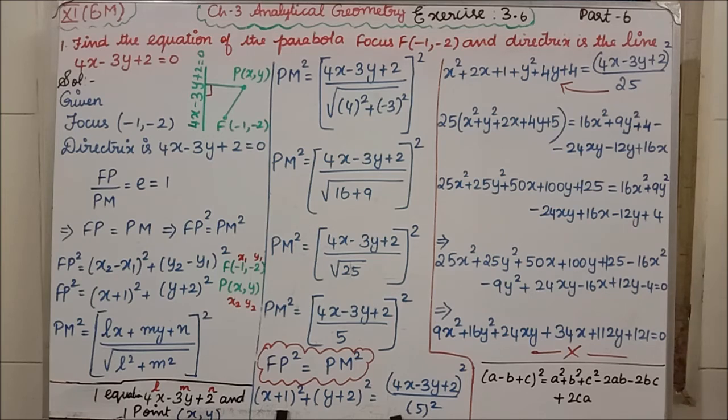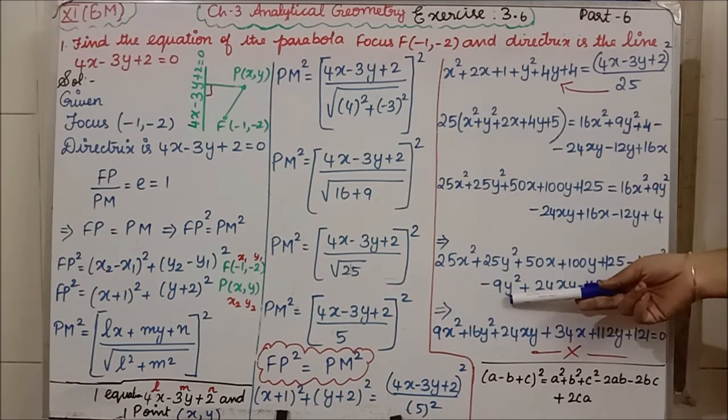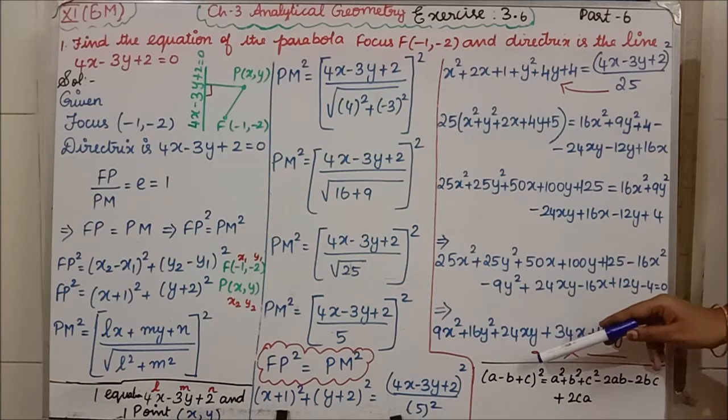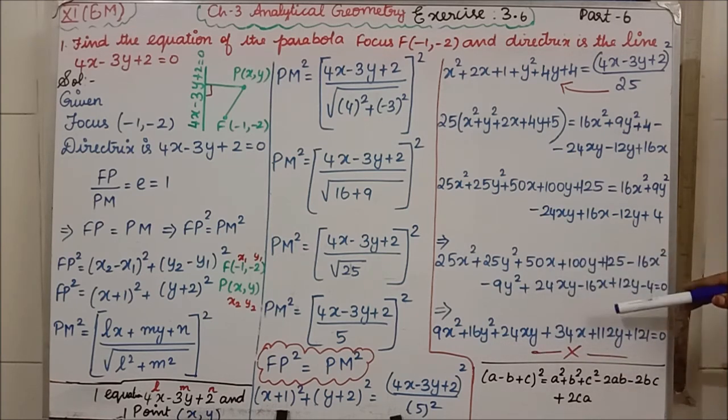Then in the next step, if you see, 25x square and minus 16x square. 25 minus 16 is what? 9x square. 25y square minus 9y square is what? Plus 16y square. Then 50x, then another x term, 50 minus 16 is what? Plus 34x we will get. Clear?